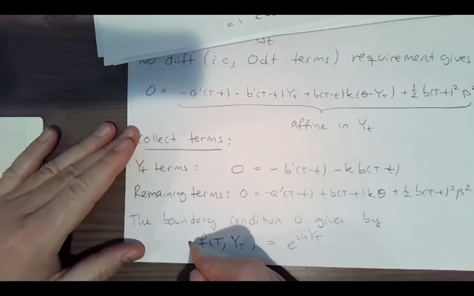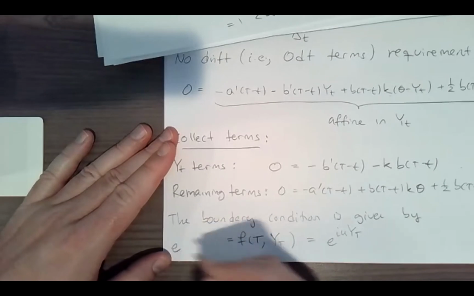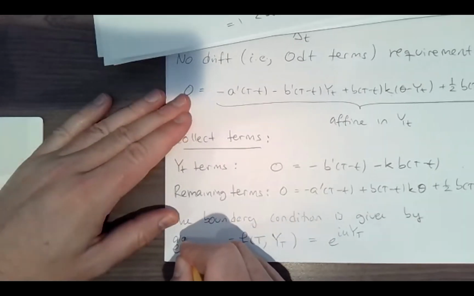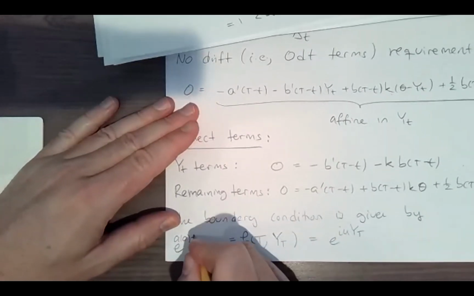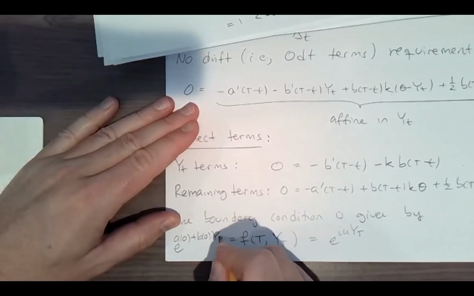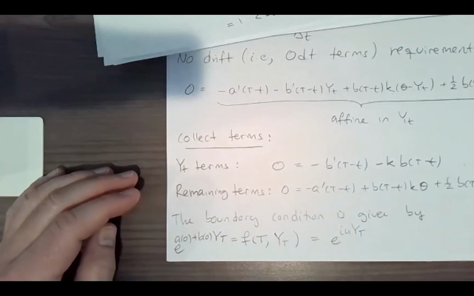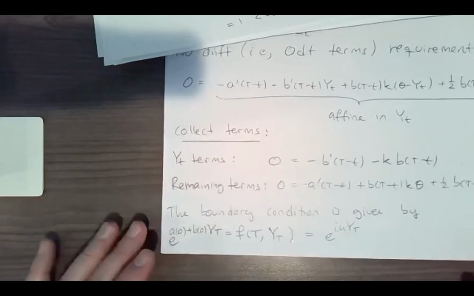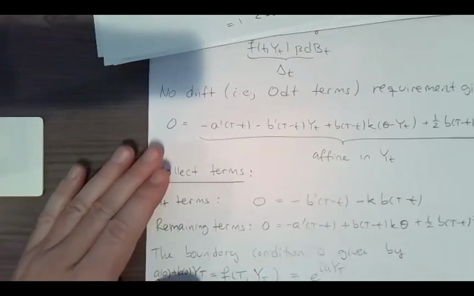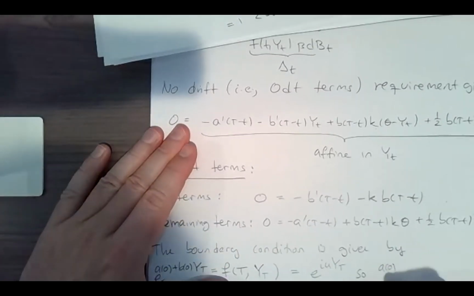And at the same time, on the left-hand side, I will have this exponential, A(0) plus B(0) times Y_T. So the boundary condition is given by this. Okay, so what should be my A(0) and what should be my B(0)?